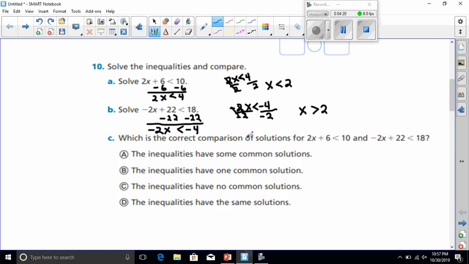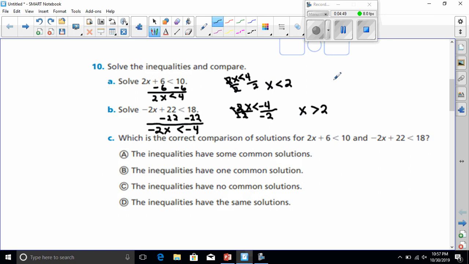Which is the correct comparison of the solutions 2x plus 6 is less than 10, and negative 2x plus 22 is less than 18? It says, which is the correct comparison? The inequalities have some common solutions. The inequalities have one common solution. The inequalities have no common solution.